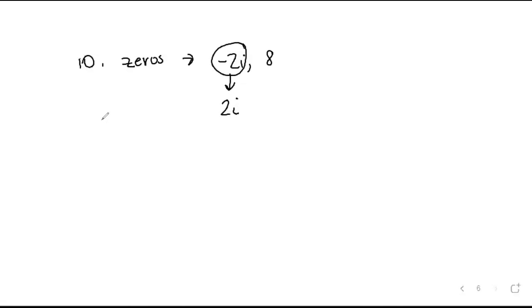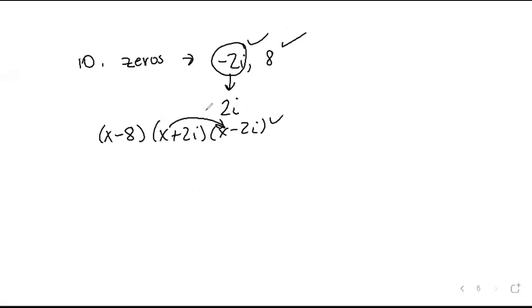So when we work this problem, we're going to say, okay, I got to do x minus 8. That took care of this one. x plus 2i. That took care of this one. x minus 2i. That took care of this one. And you're multiplying that stuff out. So x times x is x squared. x times negative 2i is negative 2xi.